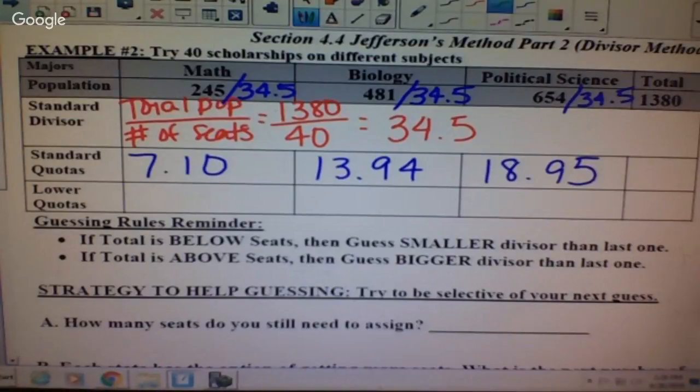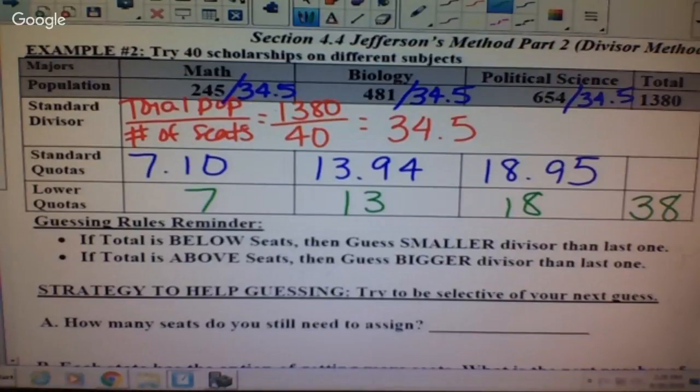Okay. So again, this step is the same as Hamilton's method. I now need to do lower quotas. So 7, 13, 18, which gives me a grand total of 38. Focus, 38. So this needs to do what?